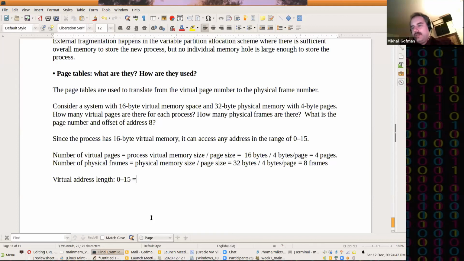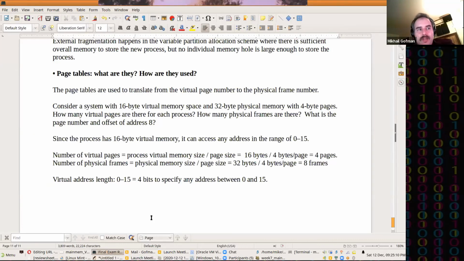We need 4 bits to specify any address between 0 and 15. So the address length is going to be 4 bits.